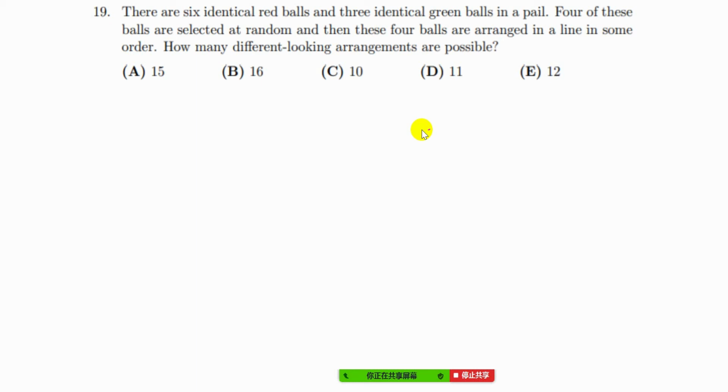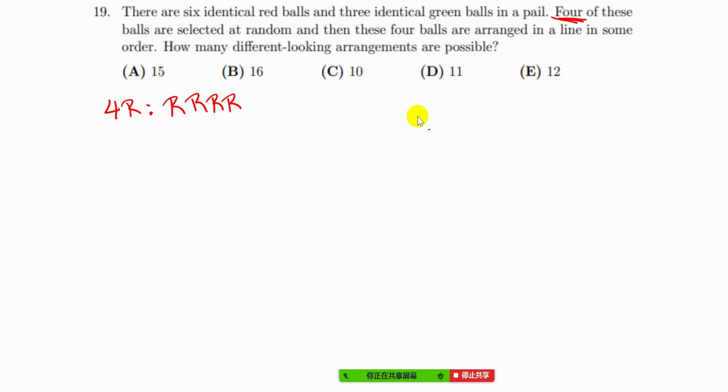So we know that 4 of the balls are selected at random, and then we can discuss what the different situations could be. So the random balls could be 4 red balls, and then the only way to arrange them would be red, red, red, red.